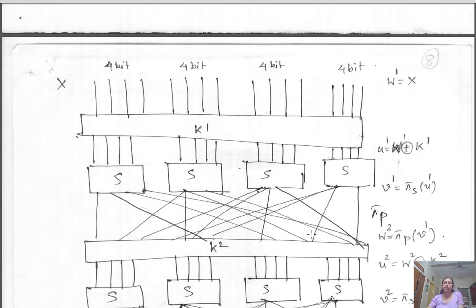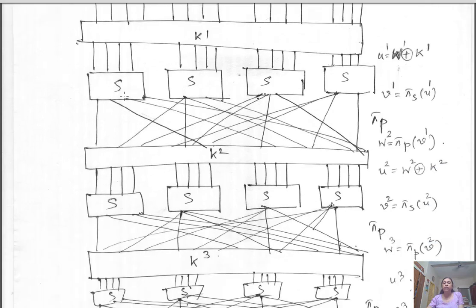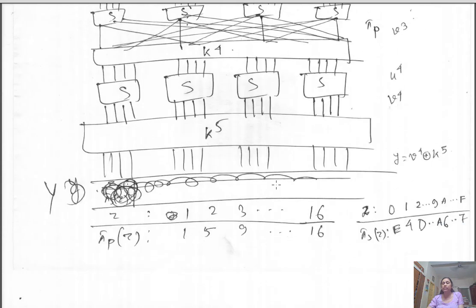Okay, so this is your SPN. The substitution box: there is a total 16-bit plain text, and your key is also 16-bit. The substitution box, we are taking it as 4 bit to 4 bit. So this whole 16-bit is divided into 4-bit pieces, and each 4 bit passes through the S box, because we encode this as hexadecimal. Whatever binary string you get here, you convert it into hexadecimal, and whatever substitution you get is essentially given in this table.